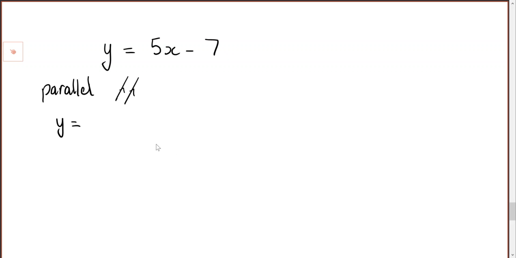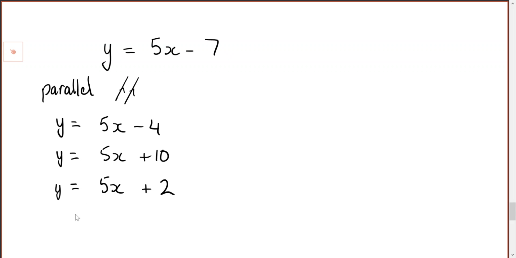Milo? Y equals 5x, negative 4. Yeah. Sam, give me another one. Y equals 5x plus 10. Sienna, give me another one. Y equals 5x plus 2. Niall, give me another one.